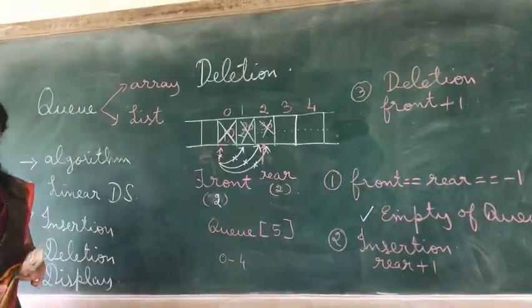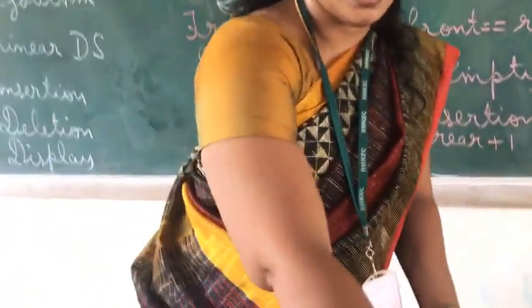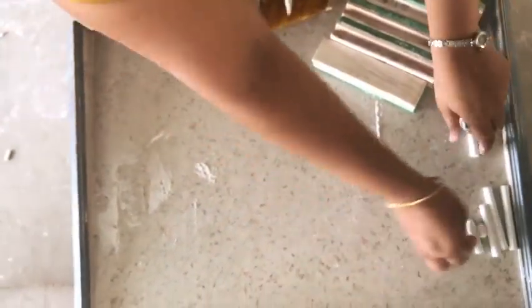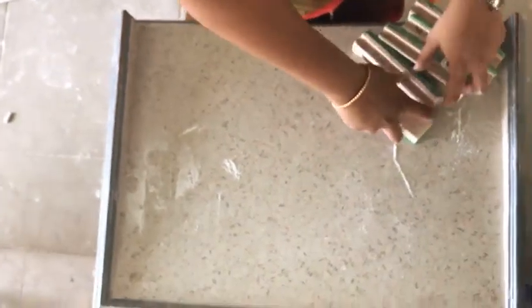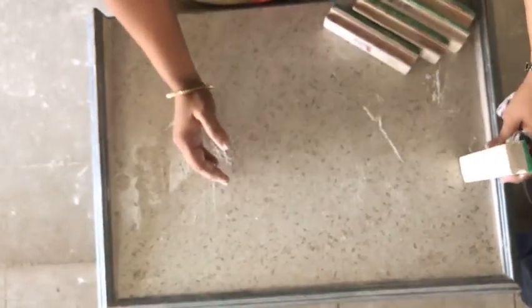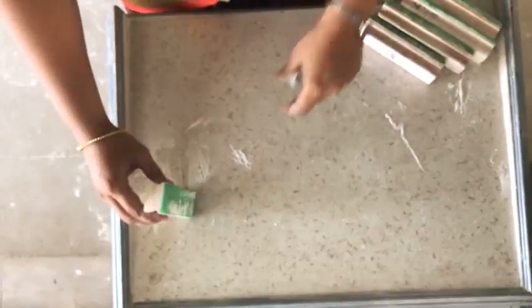So now I will just give a small demo here. This is the queue data structure, and now I have some elements here. In this queue data structure, first this point can be the front, and this point can be the rear. So the data is coming inside, and then it is now at the front pointer.